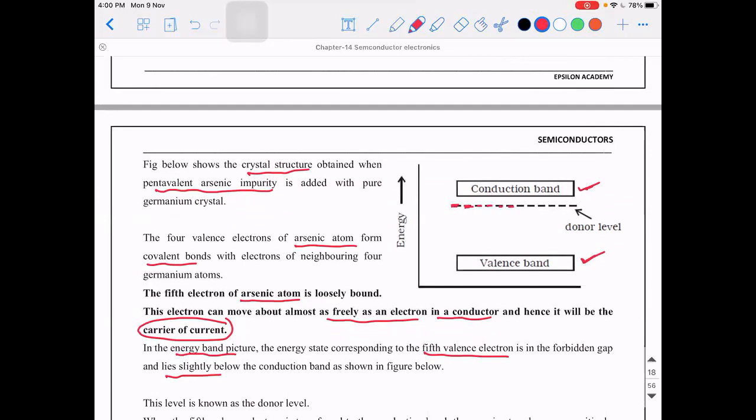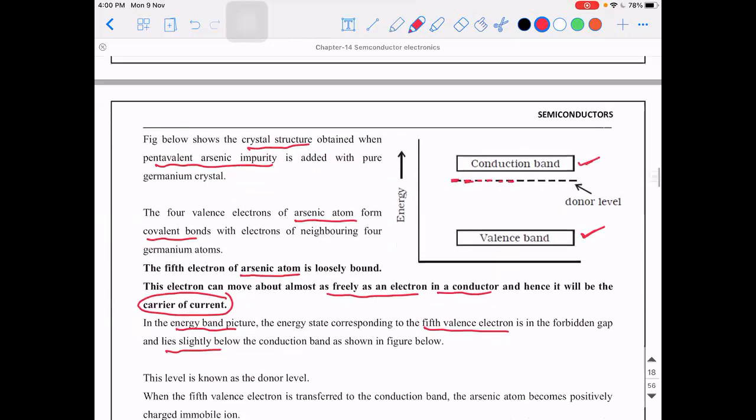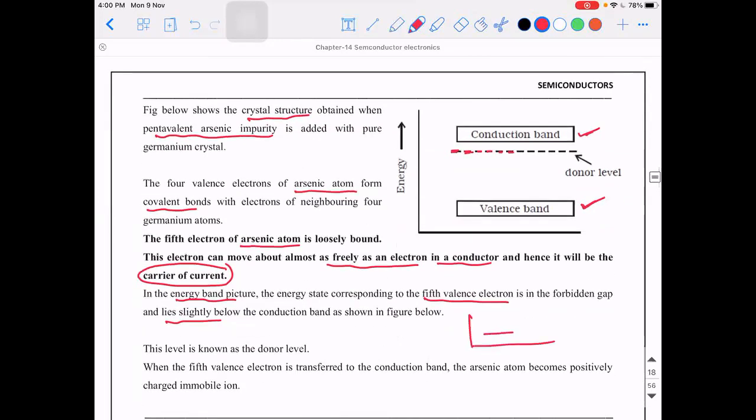So logically think, when you talk about an intrinsic semiconductor, you need to supply the total energy present in the forbidden energy gap for the valence electron to jump to the conduction band.